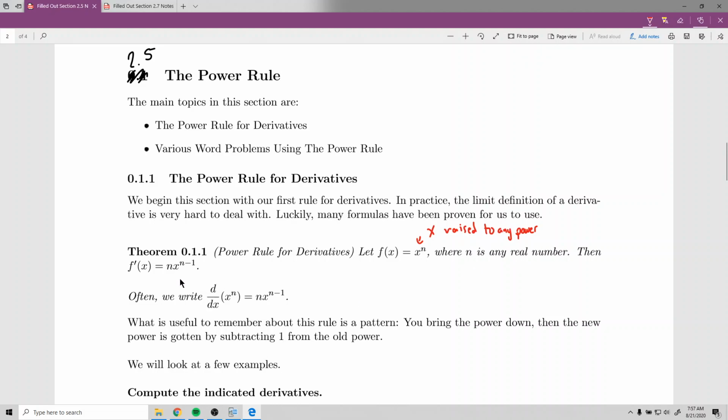Then the derivative f prime of x equals n times x to the n minus 1 power. So that's the formula.